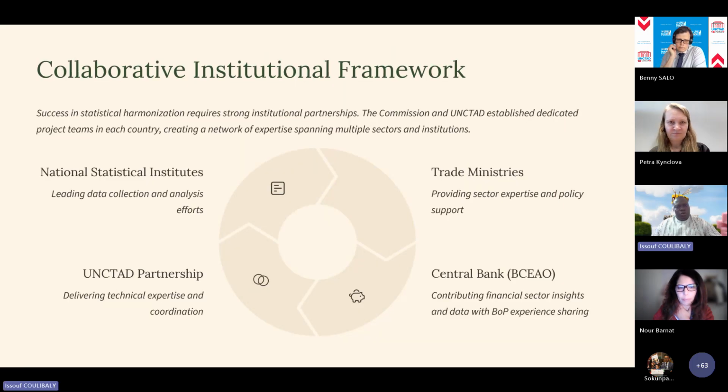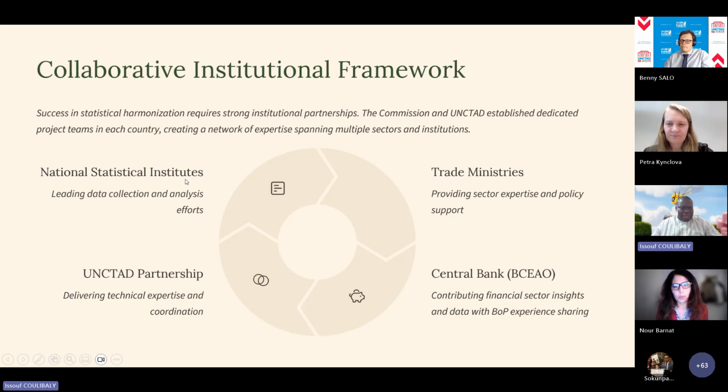In terms of collaborative institutional frameworks, success in statistical harmonization requires strong institutional partnerships. The Commission and UNCTAD established a dedicated project team in each country, creating a network of expertise spanning multiple sectors and institutions.